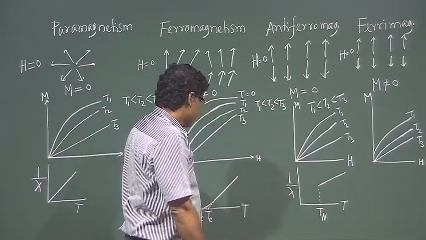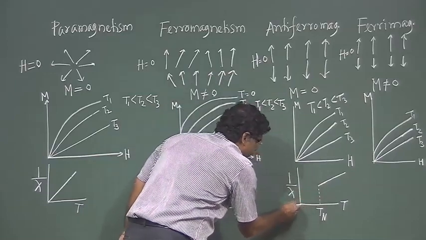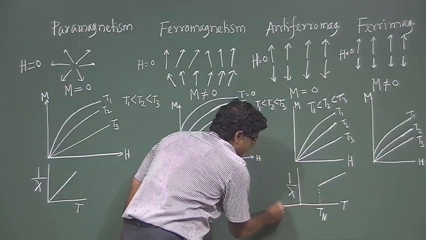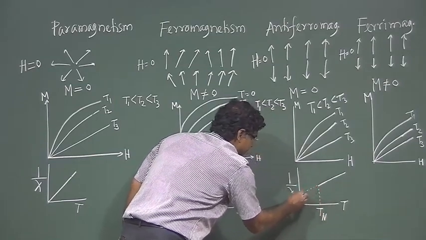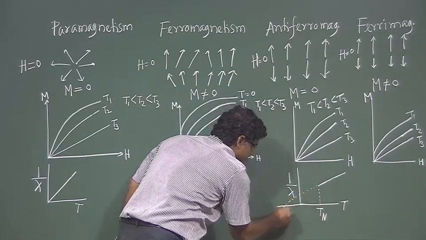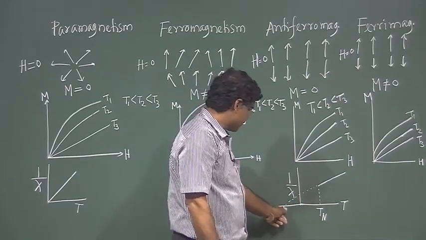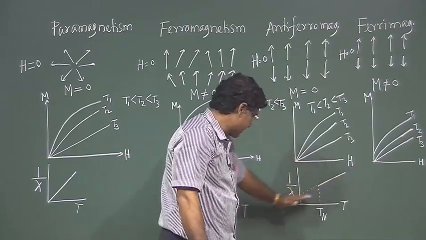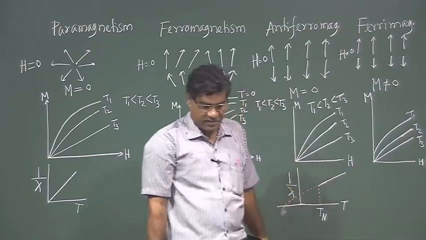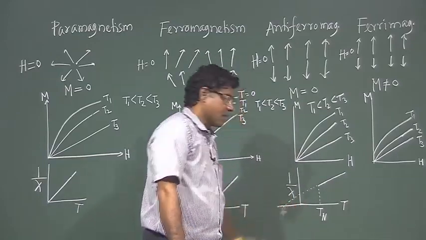Okay. But so, this one, if you extend this one, so this basically gives the negative theta. So, this extension cuts the temperature axis at negative. Okay.